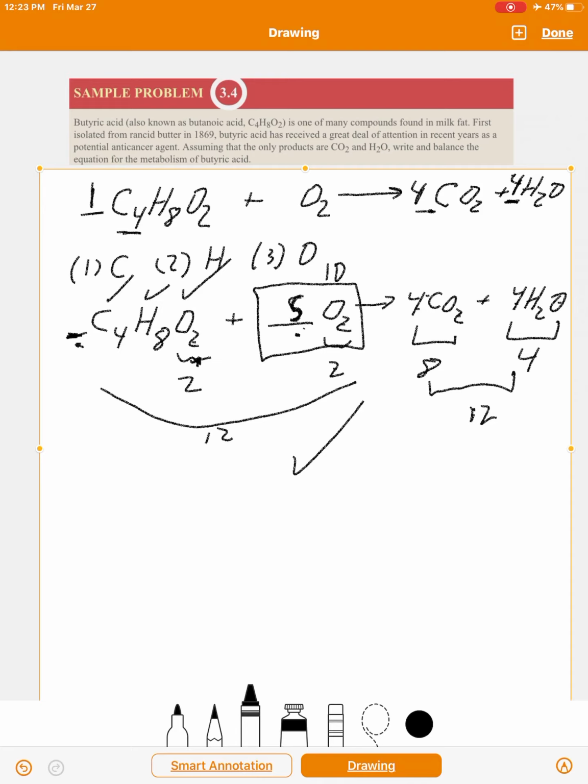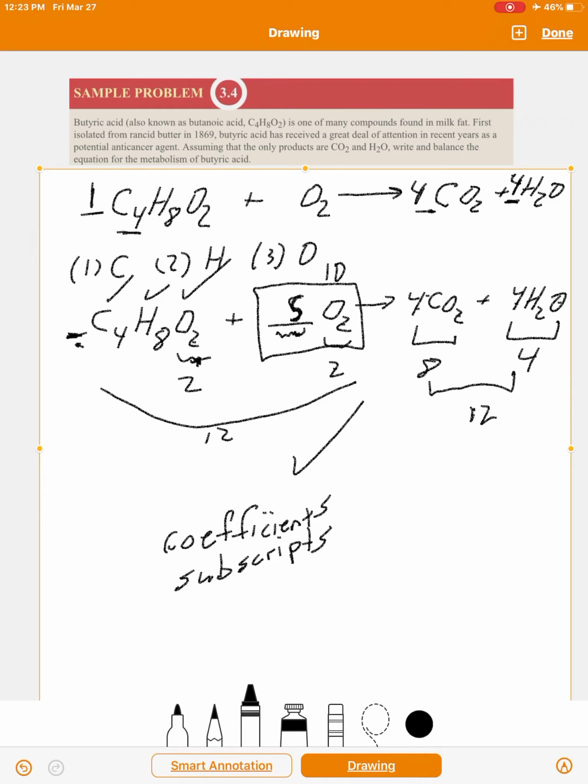Remember, we change the numbers in front of the reactants and products. Those are called coefficients. That's a mathematical term. You've seen that in math classes, coefficients. And then we have the other term, which are called subscripts.